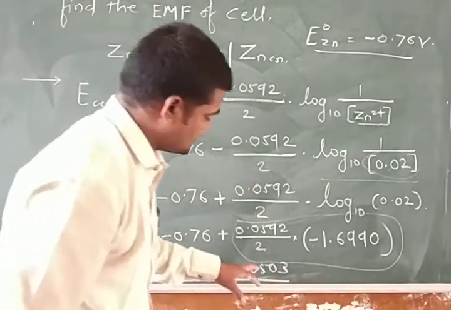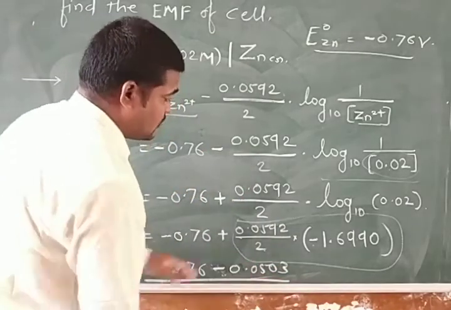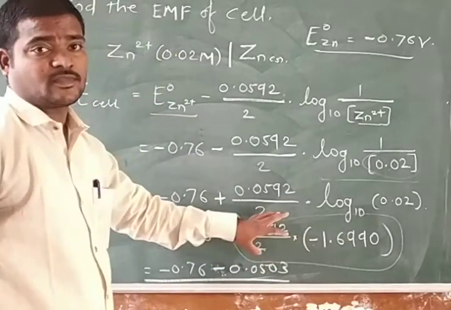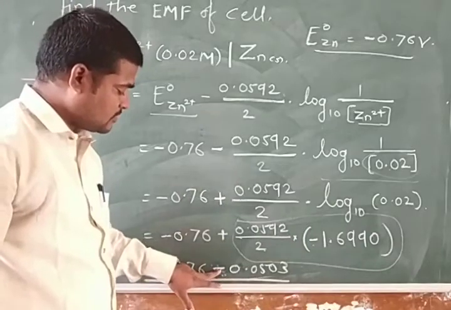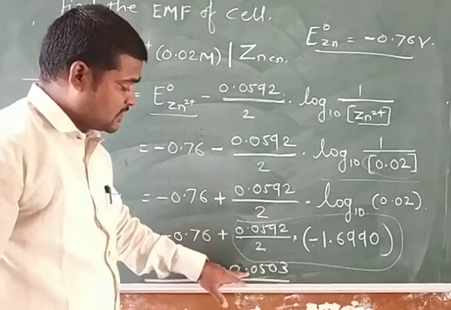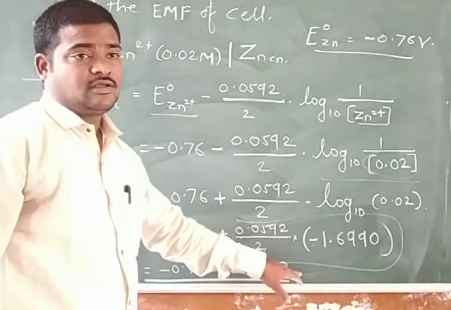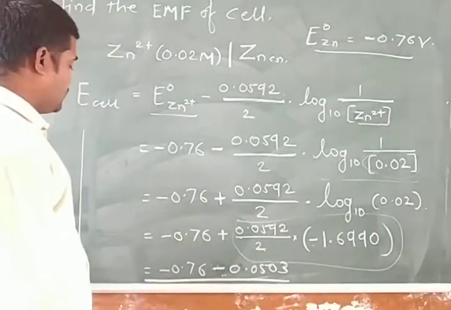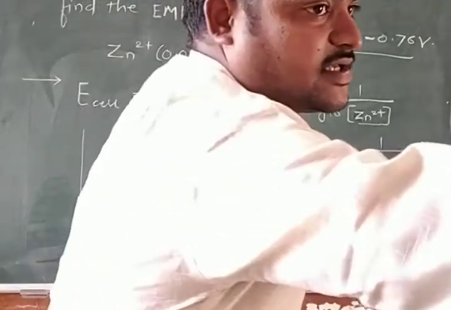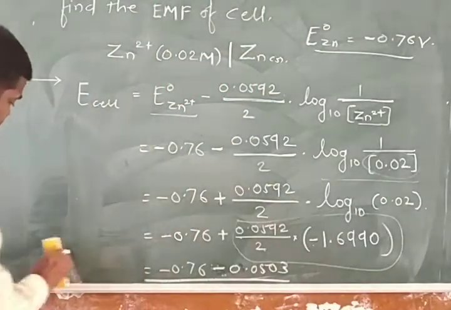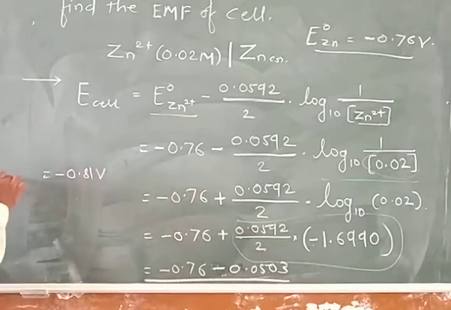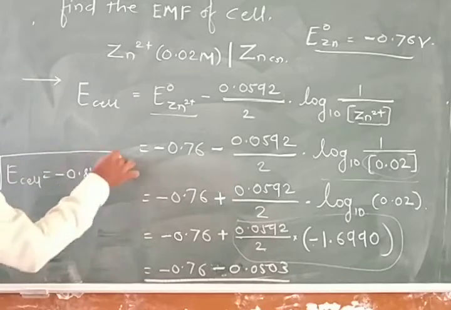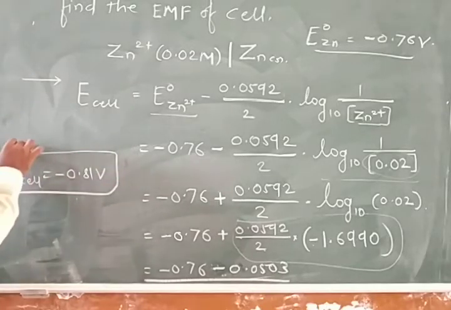Before going to this step, you just go on solving this whole term. Then it becomes negative, so I have written here a minus sign, 0.0503. Go on solving this value, and you will get its corresponding answer as minus 0.81 volt. This is nothing but what we can say is the E cell, or the EMF of the cell. I have written the answer this way.